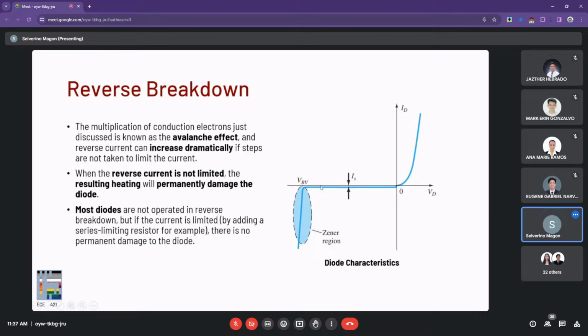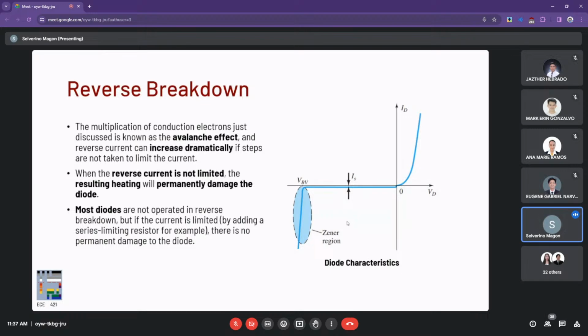This part of the response curve is otherwise known as the Zener region. In a typical setting, or in many commercial diodes, if you reach or go beyond these voltage levels, chances are you can destroy the diode or the device itself.